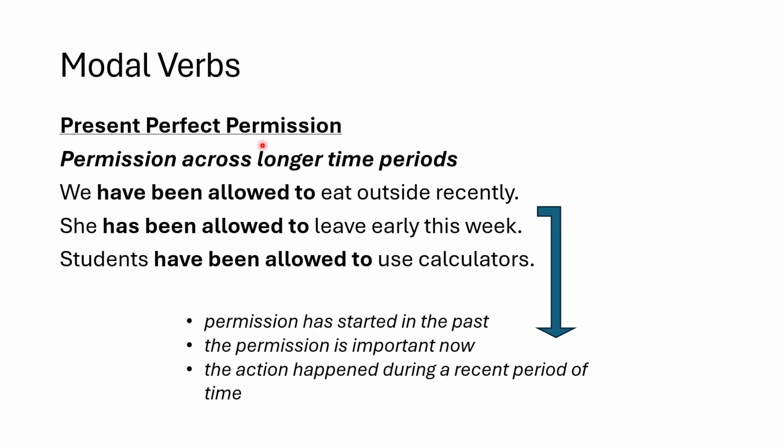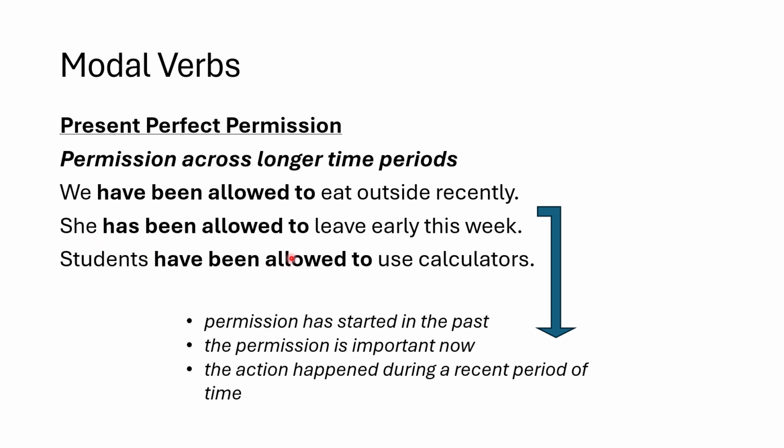Present perfect permission. Permission across longer time periods. The present perfect talks about permission connected to the past that is still connected to the present. Here are some examples. We have been allowed to eat outside recently.